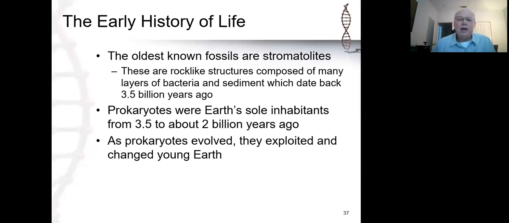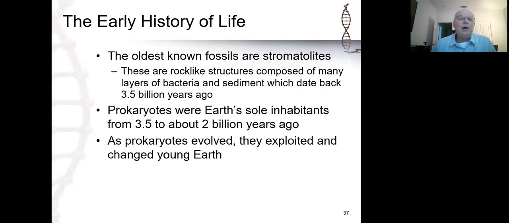So bacteria and archaea represent, for the most part, the predominant life forms that have been present on the Earth, and certainly for a significant time period from the point at which life began, roughly 4.2 to 4 billion years ago, until around roughly 1.5 billion years ago, based on molecular clock evidence, life was strictly prokaryotic.